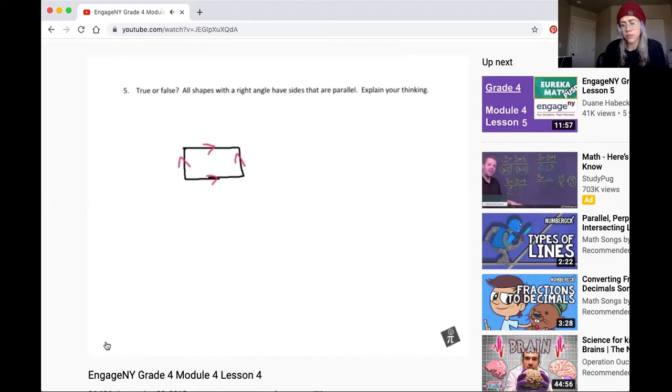So we're not sure yet. Or we can even do another one here where, okay, we've got another right angle, a couple of right angles. So in this case, we only have one pair of parallel lines because these guys are definitely not parallel. So is this a true statement or a false statement?